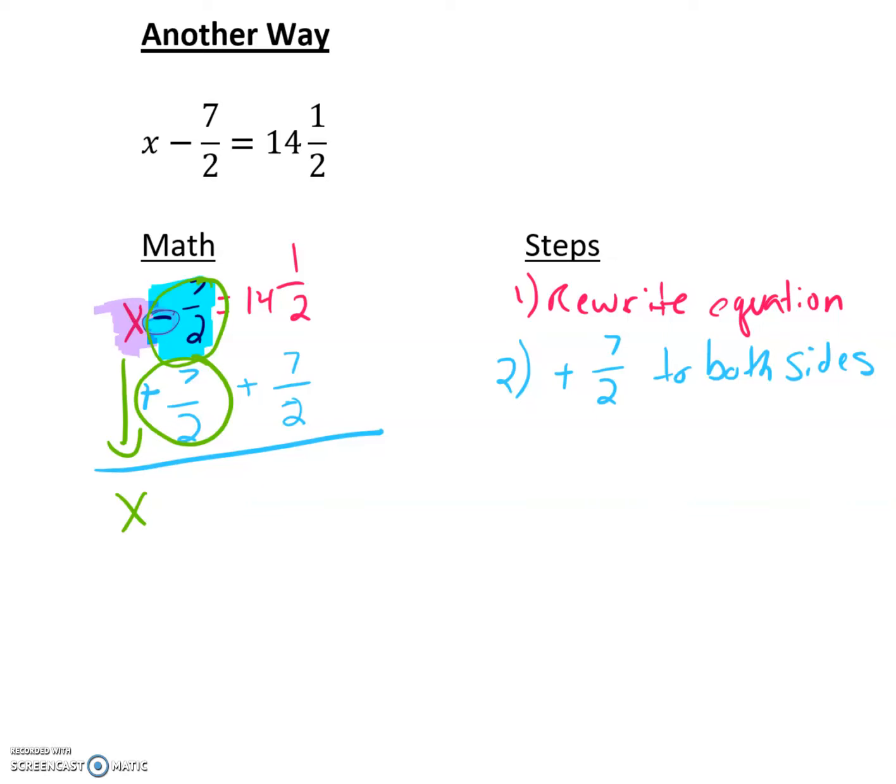You can either put a 0 here, to remind yourself that you're adding or subtracting 0 here, and then there's an equal sign, or what most of us typically do in math is leave a blank. So x equals, now I need to know what 14 1/2 plus 7/2 is. Well, they're both positive, so I'm just adding. I'm going to come over here and do some math work.